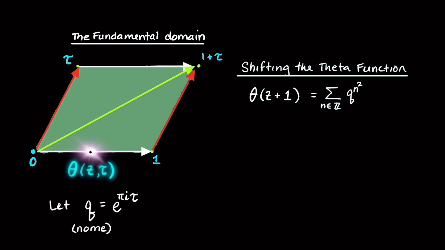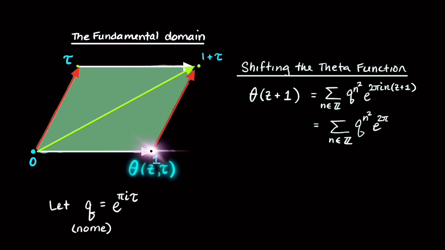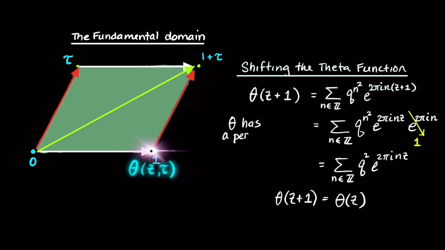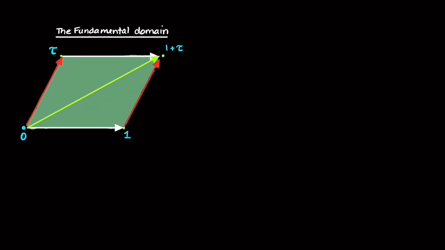Now, shifting the theta function in the real direction by a factor of 1, we get an identity relation that defines the periodicity in the real direction. Theta has a period of 1 in the real direction. So then Jacobi shifts the theta function in the direction of tau.